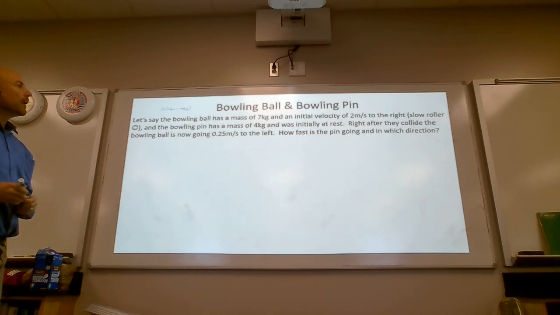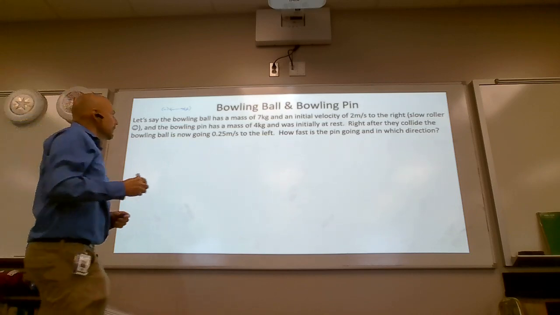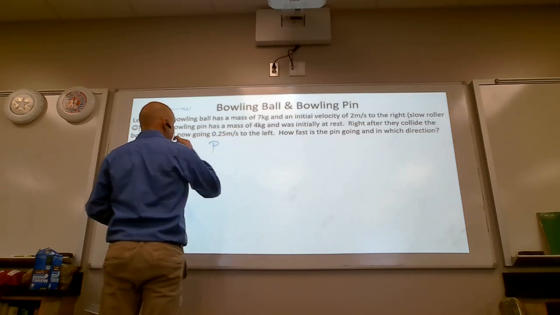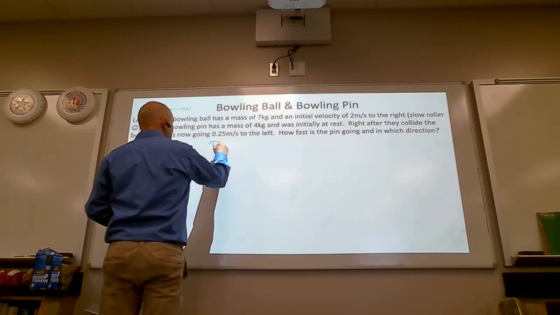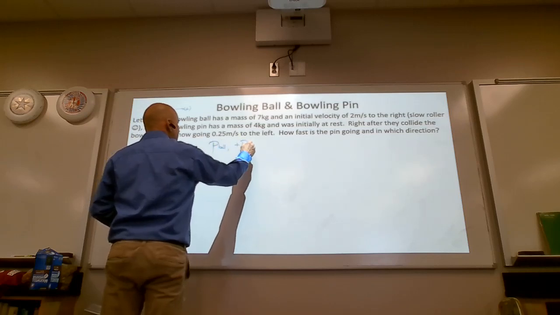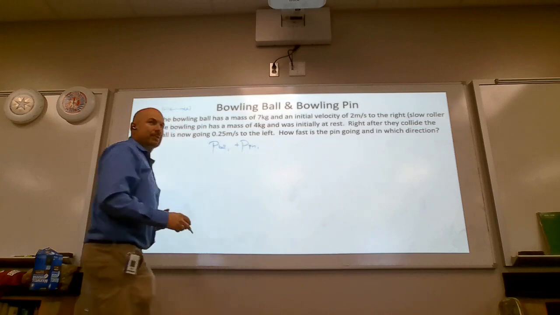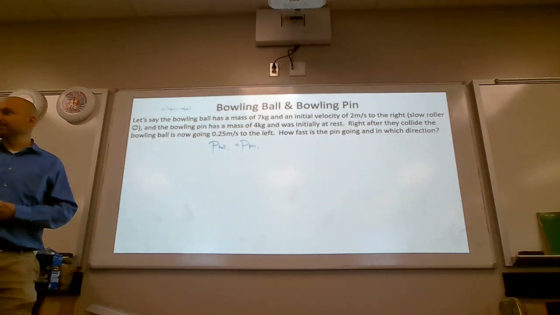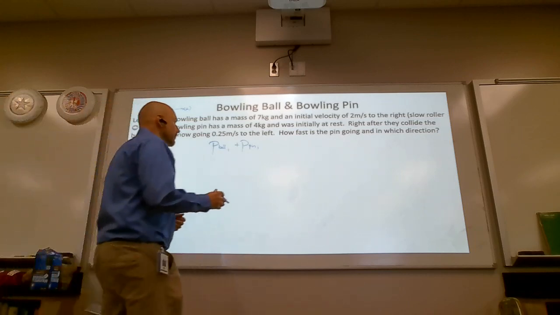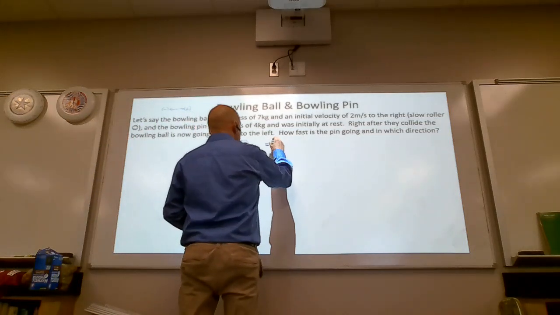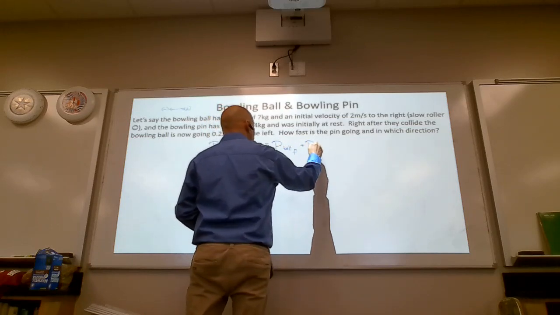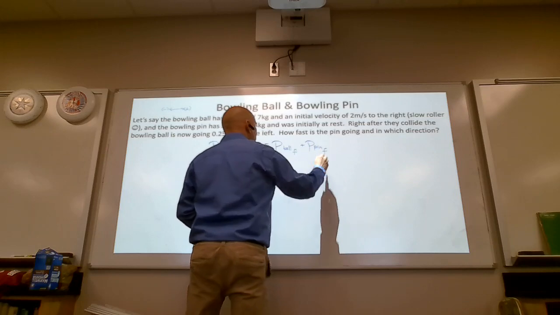So, to quantify conservation of momentum, you have the momentum of the ball initially plus the momentum of the pin initially. That's the total momentum of the system beforehand, or adding up all the momentums of the objects in the system. That is equal to the momentum of the ball afterwards plus the momentum of the pin afterwards.